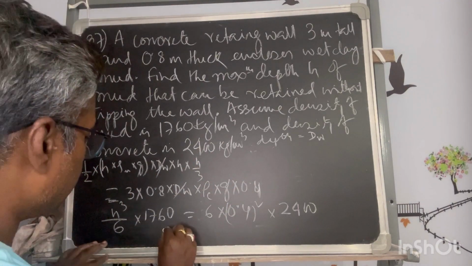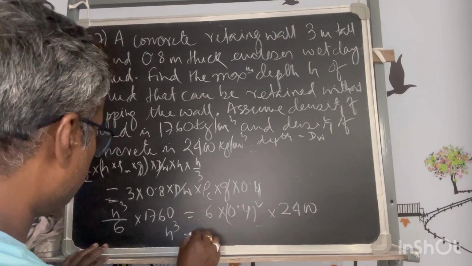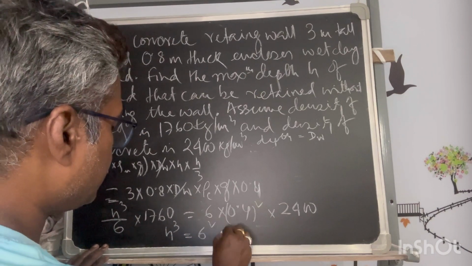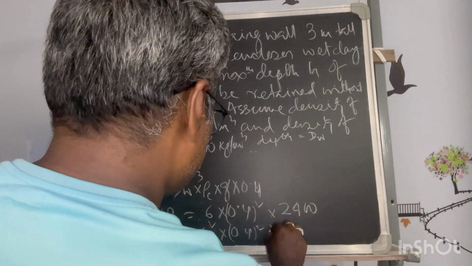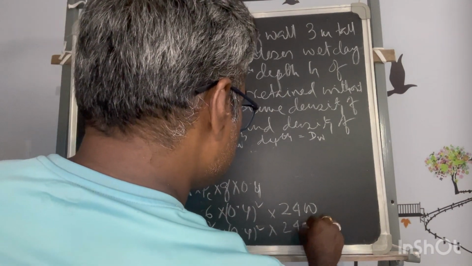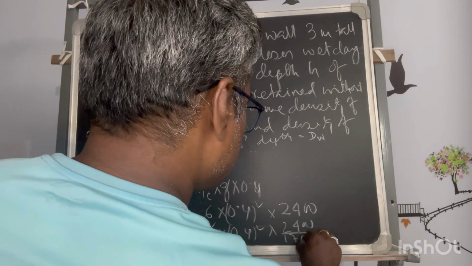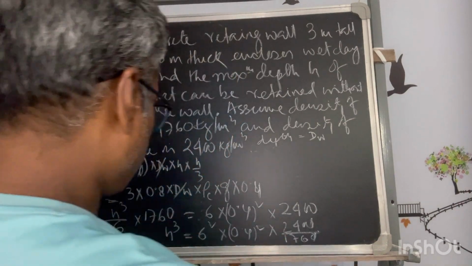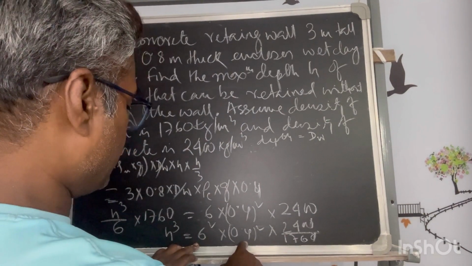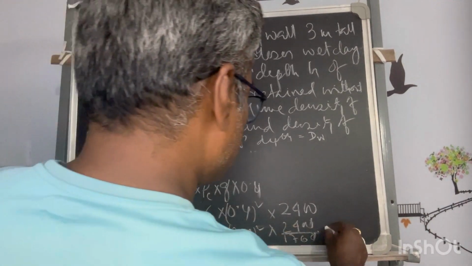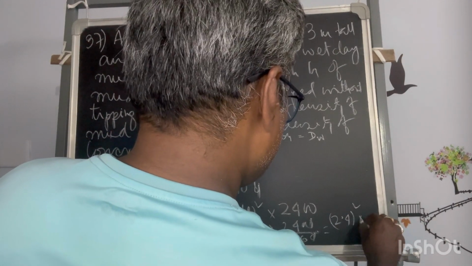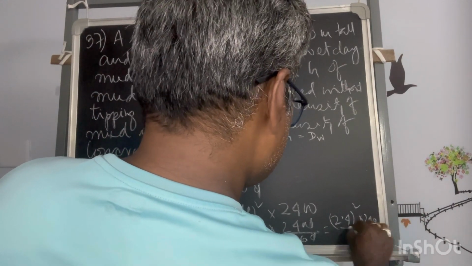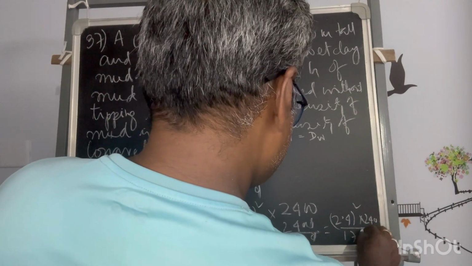So what is your H cube? H cube is equal to 6 into 6 square into 0.4 square into 2400 into 7 into 60. I will take it out, 6 into 4, 24, so that means 2.4 whole square into 24 divided by 176.